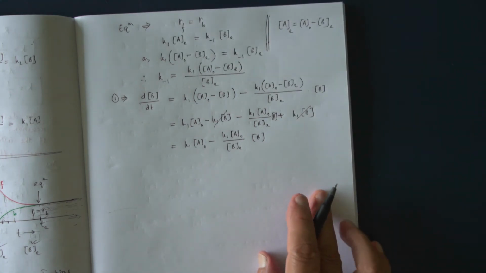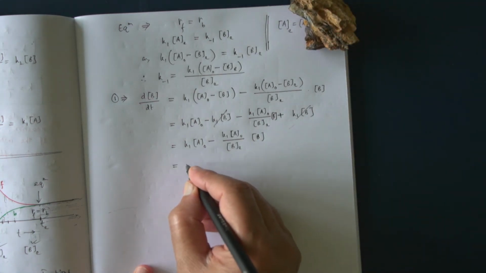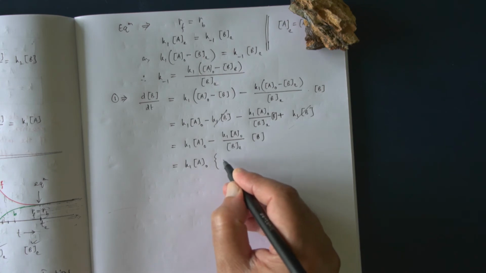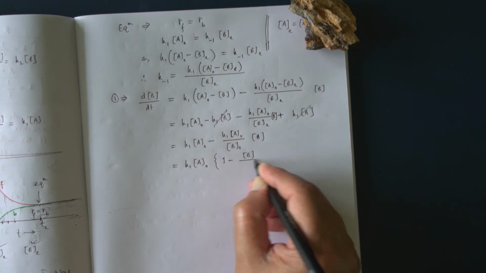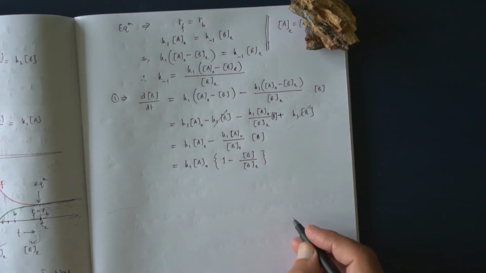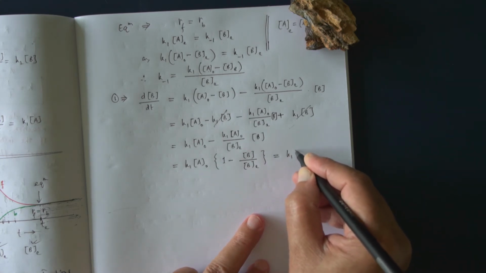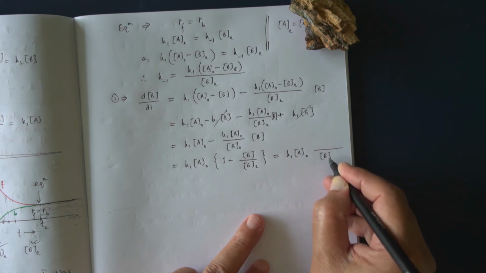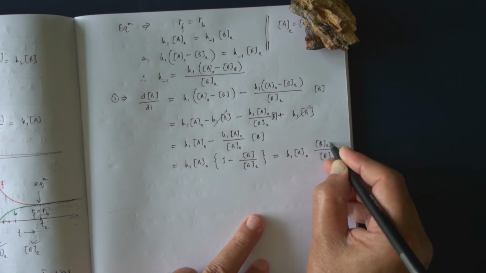Okay, now from these two expressions I take k1 a naught common, so that I have 1 minus b by be, or I can write it like this: k1 a naught into (be minus b) by be.